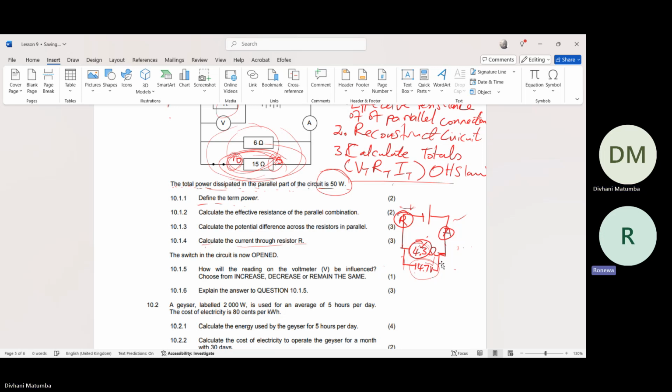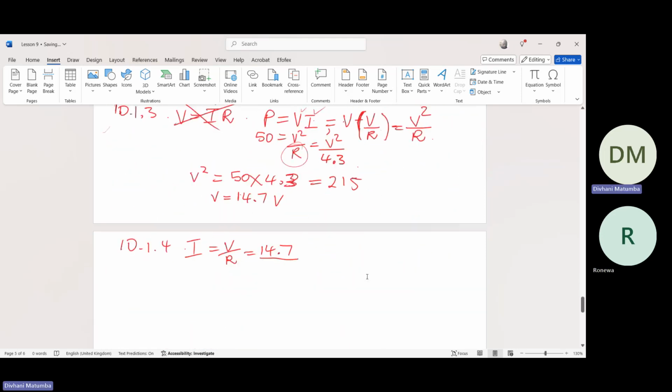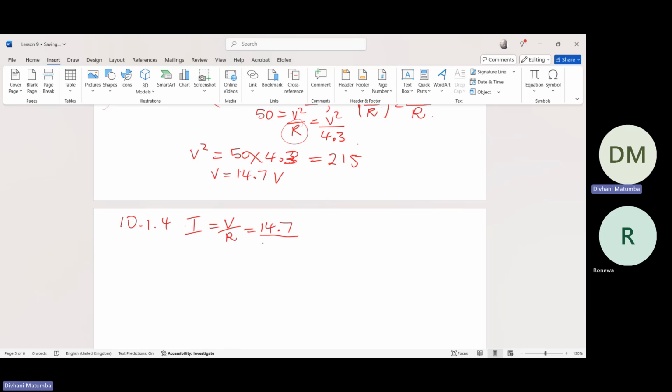Oh yeah, so we can. Okay, so your resistance is actually 4.3. You are heading in the right direction. So 14.7 divided by 4.3, what are we getting?